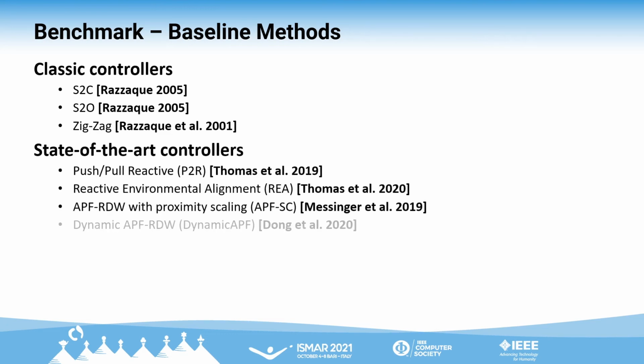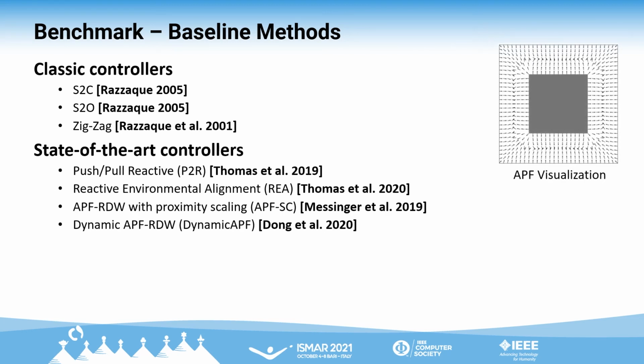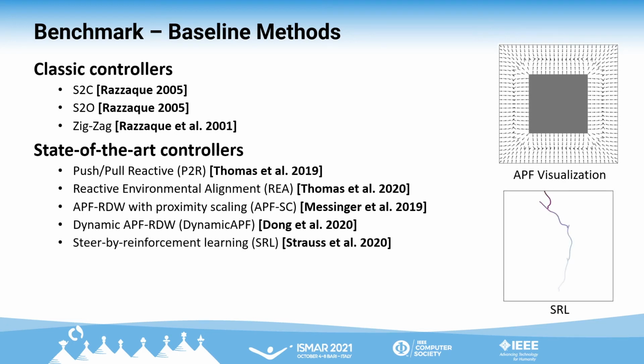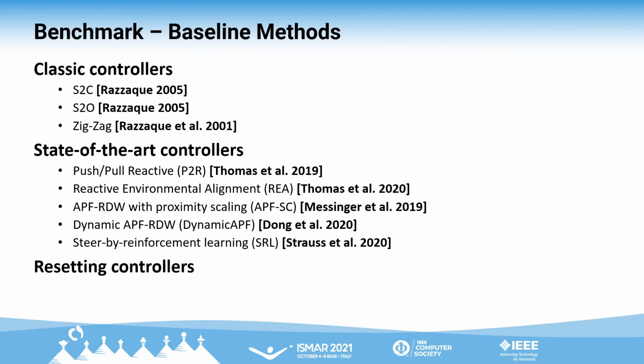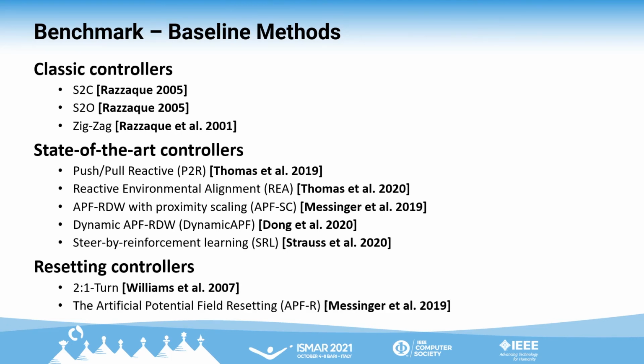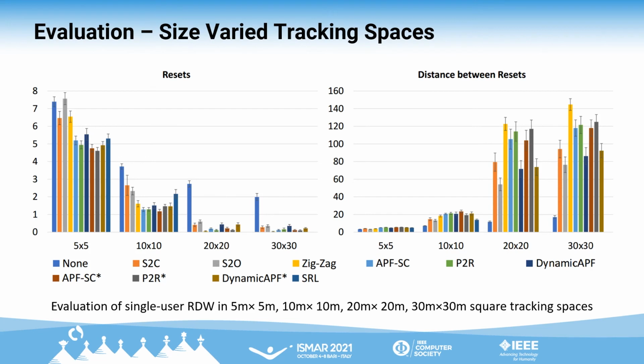Besides, there are 4 APF-based methods to represent the state-of-the-art reactive controllers, and Steer-by reinforcement learning represents the state-of-the-art predictive controller. Regarding resetting controllers, 2-1 turn is the most common resetting strategy. While the APF resetting makes the user physically rotate towards a vector calculated by artificial potential fields.